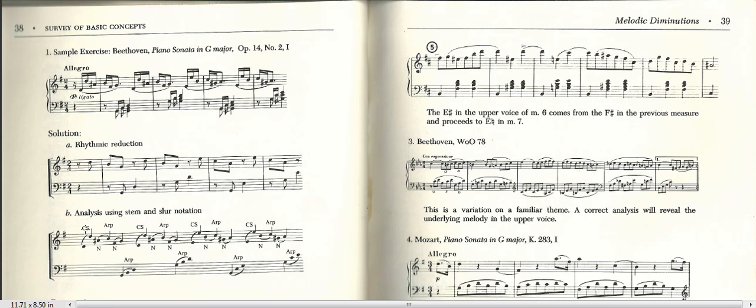And the analyst has here identified that the bottom note is decorating the top note by virtue of being a consonant skip. That's what the CS stands for. And in fact, what you've got here is an arpeggiation of the tonic triad D, B, G, each of which then gets decorated by a neighbor note progression.